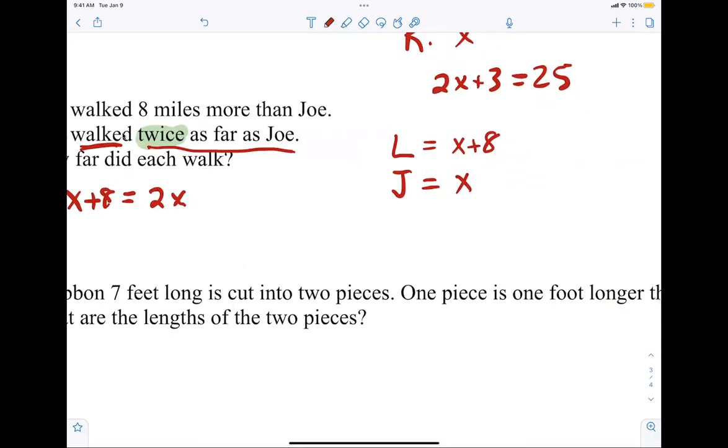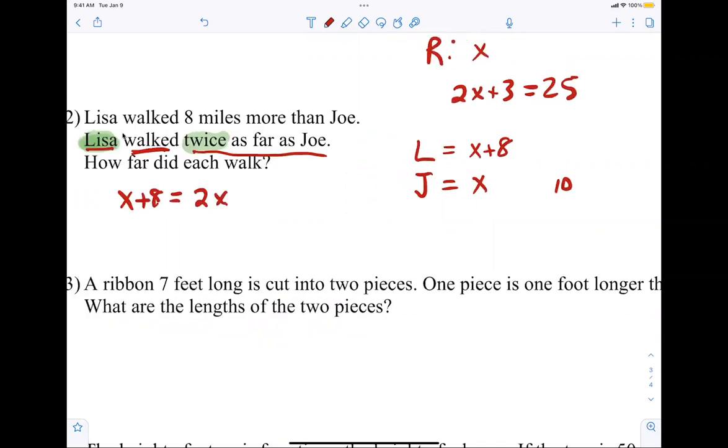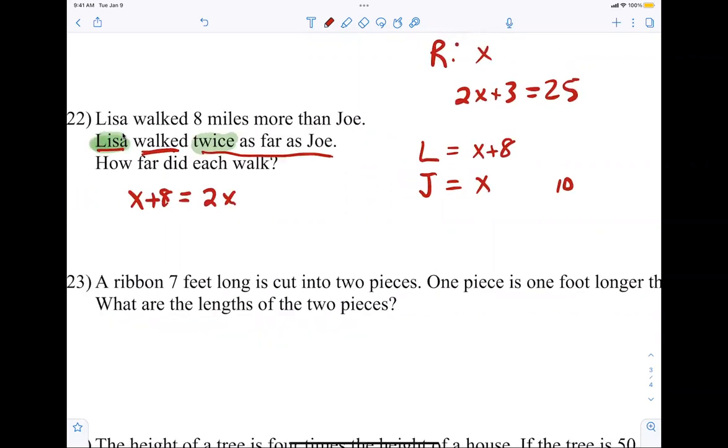If Joe walked 10, then Lisa would walk what? I was trying to show you how twice works. If I said Joe walked 10, Lisa would have had to walk what? 20. Yes. That's what it means to be twice as big.